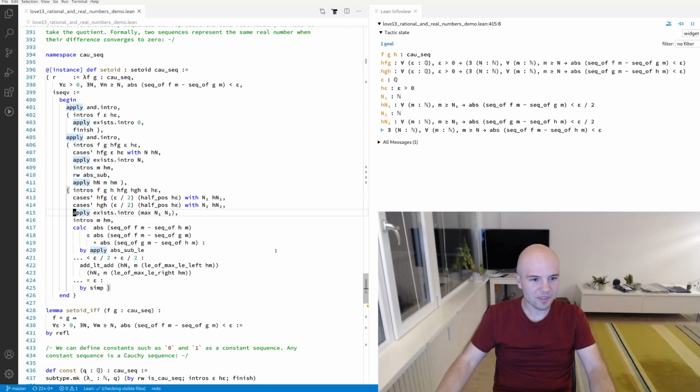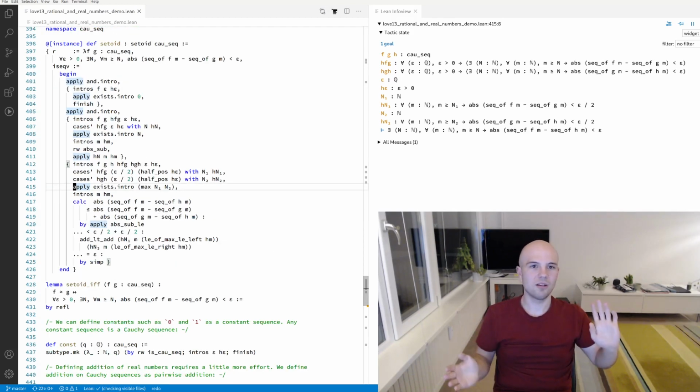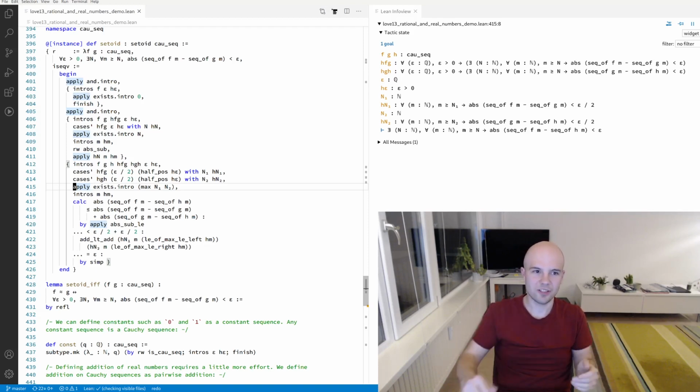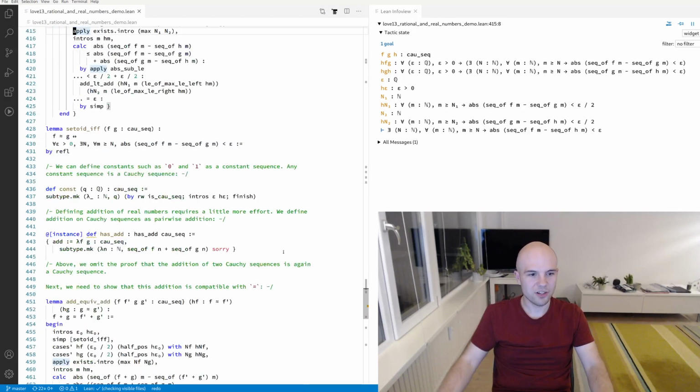Okay, so now we know what the equivalence relation looks like on Cauchy sequences. And we can start defining the operations on the Cauchy sequences. So let us first define some constant numbers like 0 and 1, and also for every rational number we can already say what the Cauchy sequence corresponding to a rational number should be, and that is the constant sequence, which of course also converges against this rational number, so this seems like a good choice.